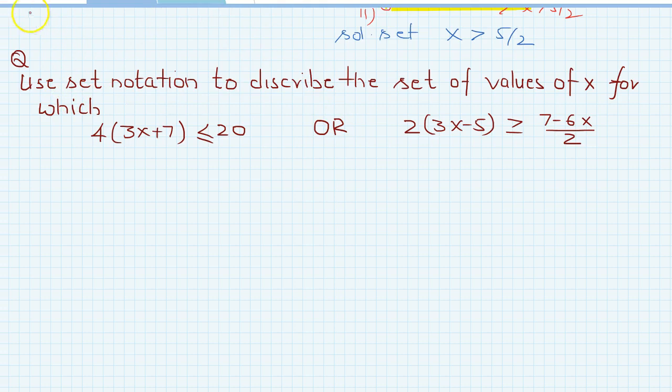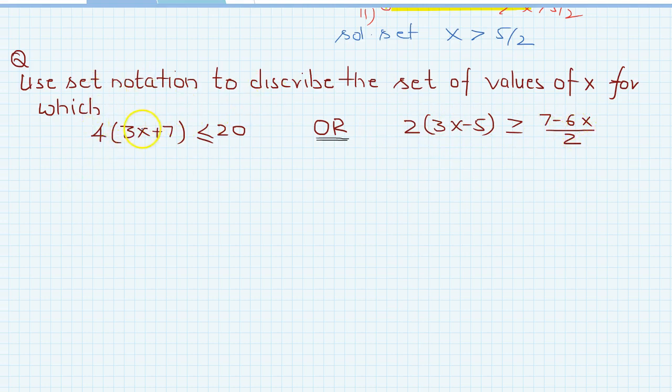Now we have another question here. Use set notation to describe the set of values of x for which 4(3x plus 7) is less than 20, or 3x minus 5 is greater than or equal to something. First we simplify these inequalities.